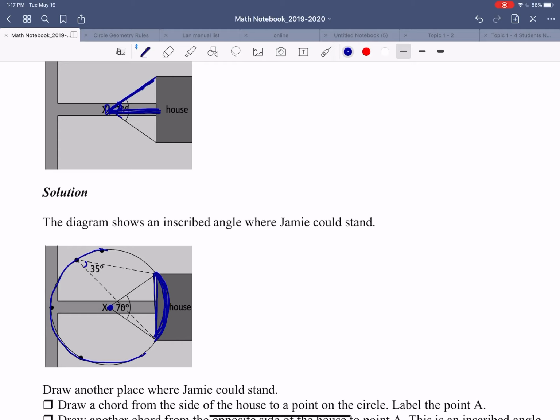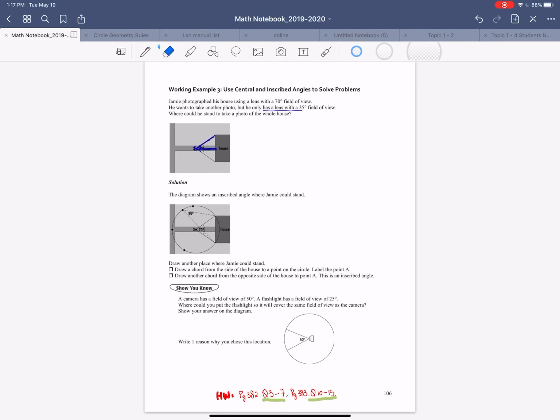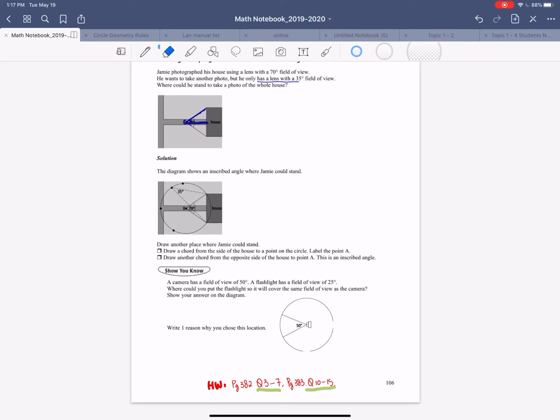If you want to cover the same arc, you have to halve the angle. If he stands here, it will be like this. That's still 35, because inscribed angles are always the same if they share the same arc. That's just a simple application question using circle geometry rules.